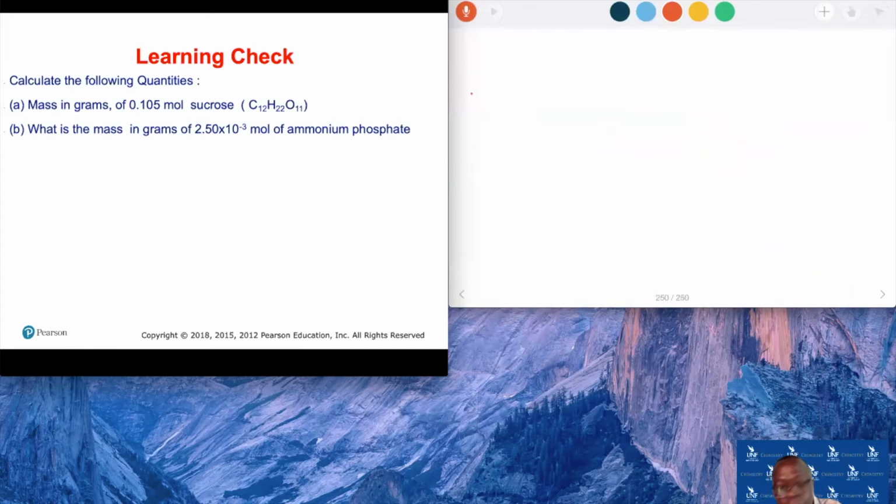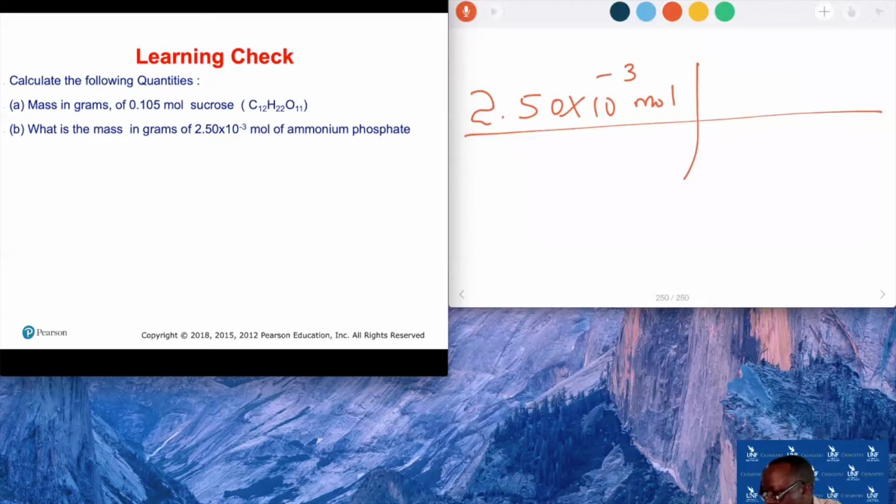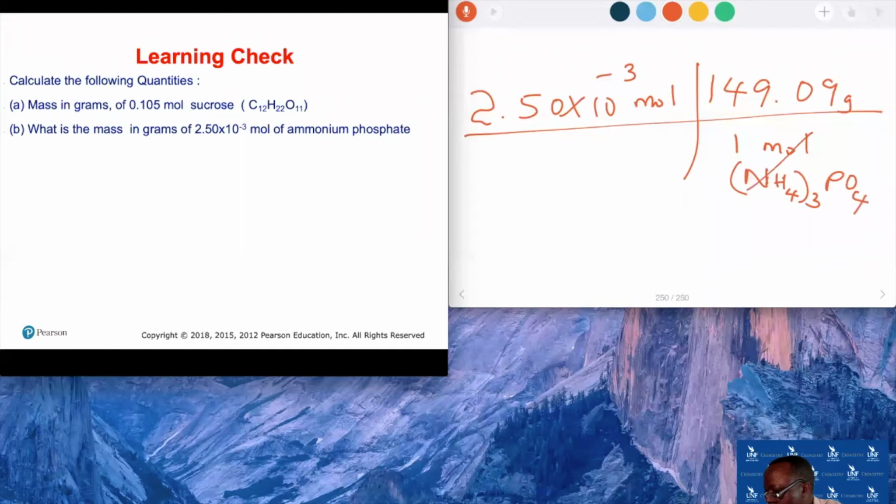If we have 2.50 times 10 raised to negative 3 moles, over that 149.09 grams of 1 mole of ammonium phosphate, (NH4)3PO4, so that 1 mole and 1 mole will go away.